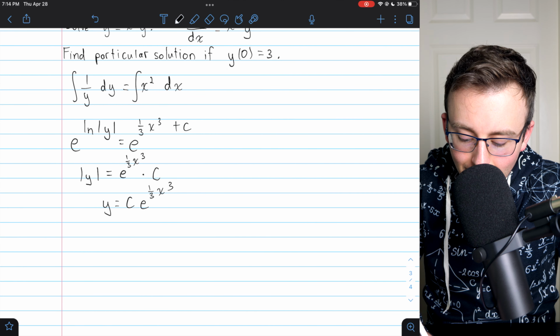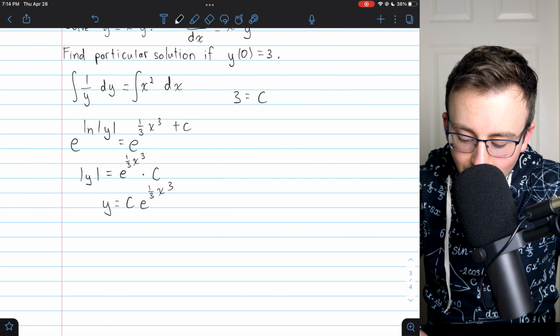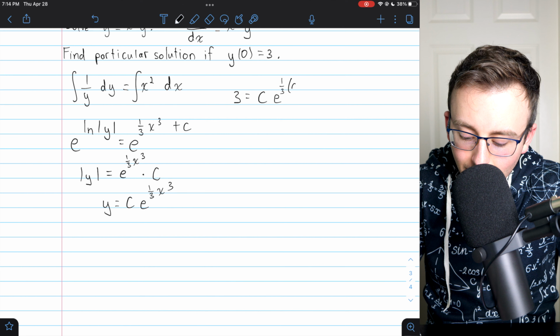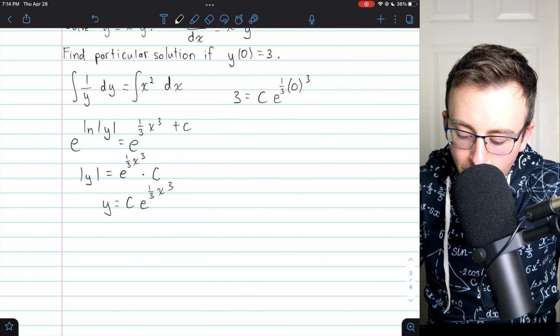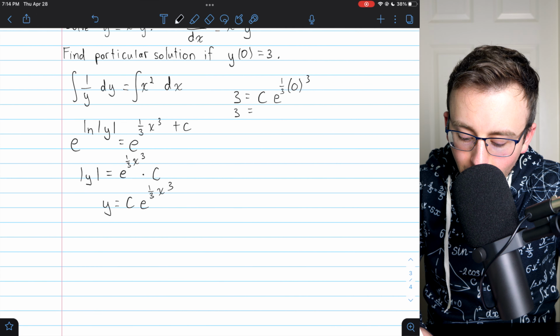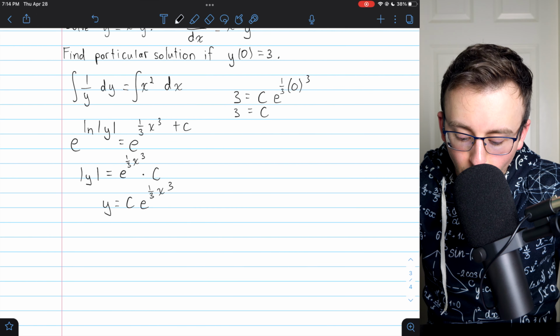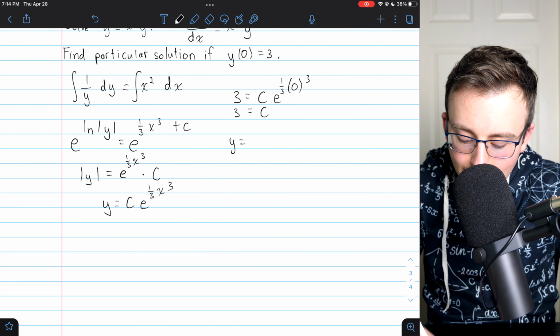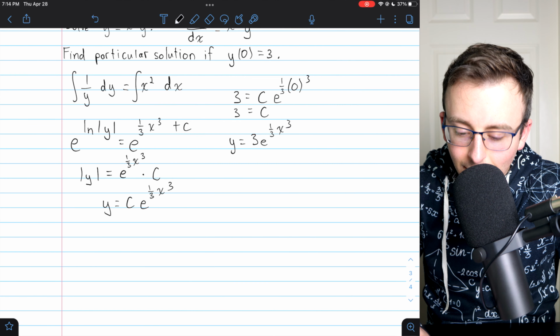So we'll have that 3 equals c times e to the 1/3 times 0 cubed. And of course, e to the 0 is just 1, and so we have that our constant c must equal 3. So the particular solution is y equals 3e to the 1/3 x cubed.